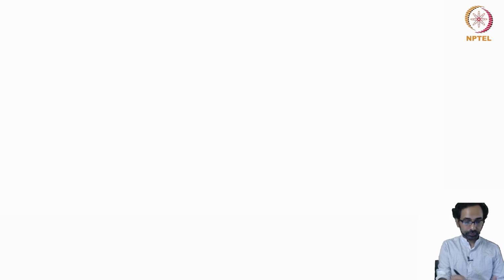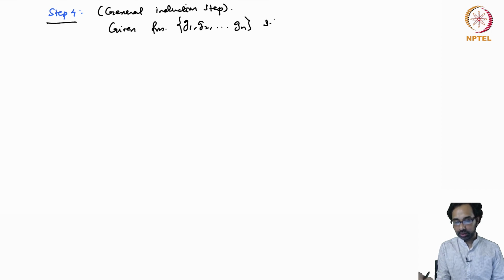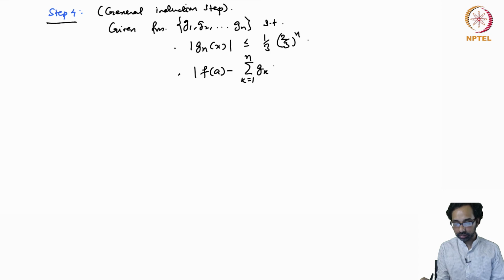So let's continue. So in step 4, this is a general induction step, and in this step we have constructed, so given functions g1, g2 up to say gn, such that we have modulus of gk x is less than or equal to 1 by 3 times 2 by 3 to the power k minus 1, and secondly we have modulus of f a minus the sum of k equal to 1 to n gk a is less than or equal to 2 by 3 to the power n.